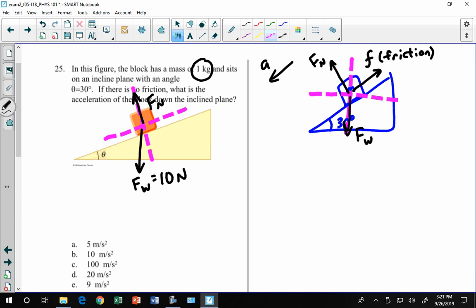So I have a vector here that's not on the x or y axis. I know that this angle is 30 degrees. It says it in the problem. And the angle that you'll need to use is the angle that's measured from the x-axis. And that angle, if the triangle is 30 degrees, what is that angle? 60. It's going to be 60.